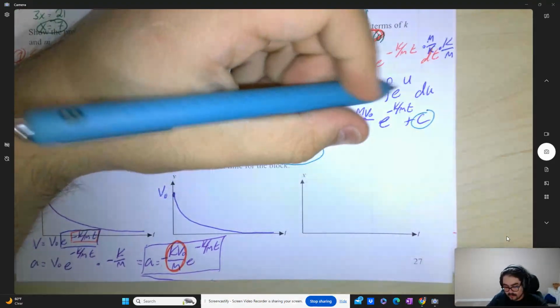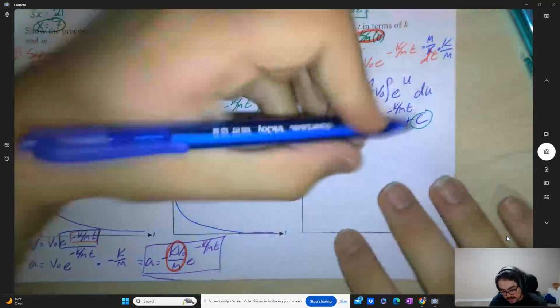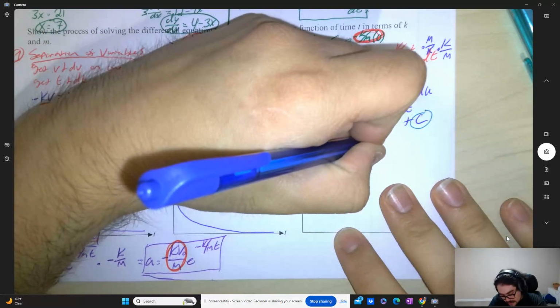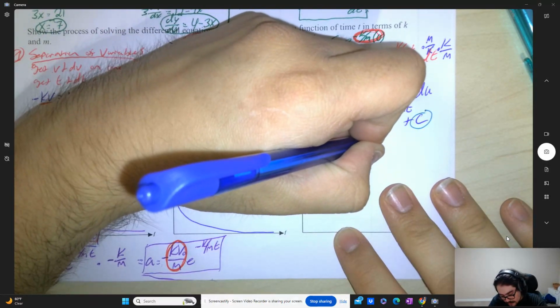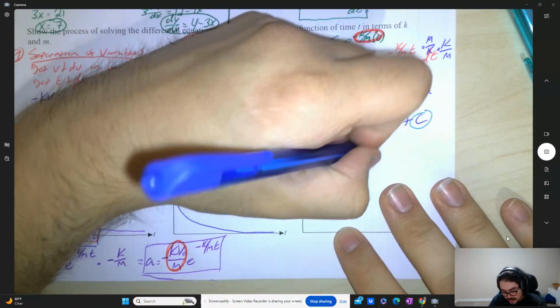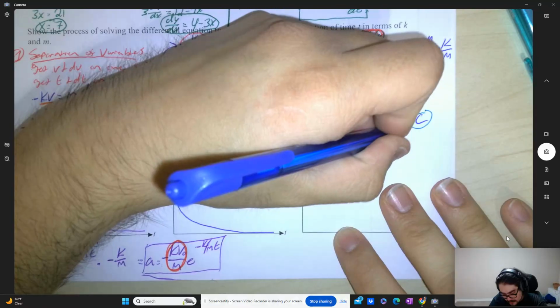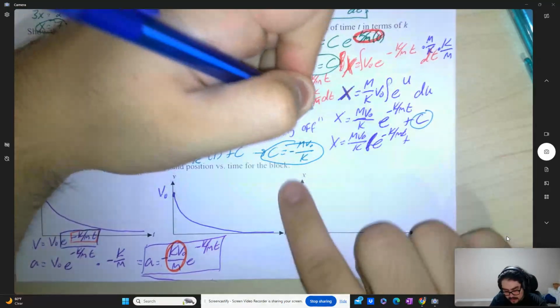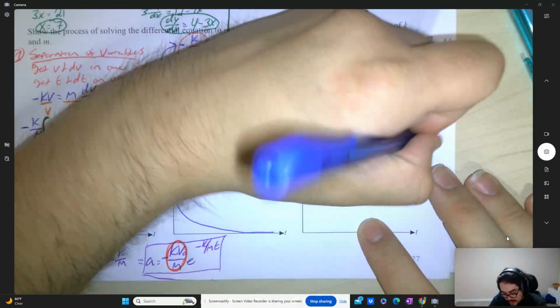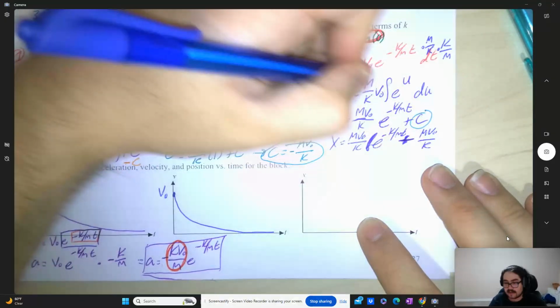Then you just plug that in. You end up getting x equals mv naught over k times, parentheses, e to the negative k over m t, minus mv naught over k.